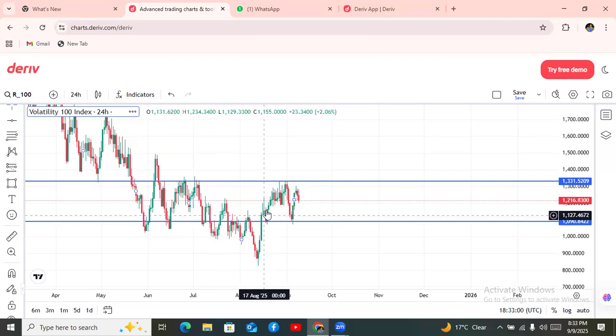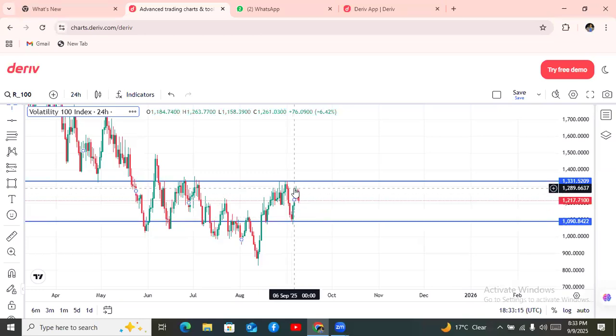That is why when price came to this level from the resistance, price was rejected and reversed from there.